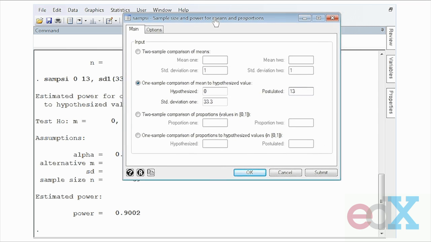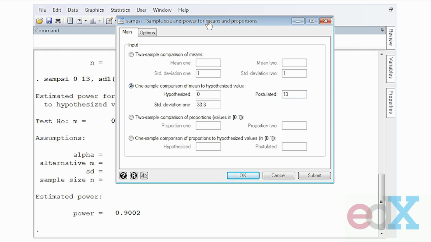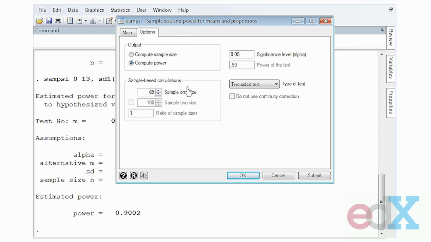Now, we have here a program that allows us all sorts of options. Instead of making an alpha of 0.05, we can make it higher, 0.1. What happens if we make this 0.1? How much power would we have then? We can do a one-sided or a two-sided test.